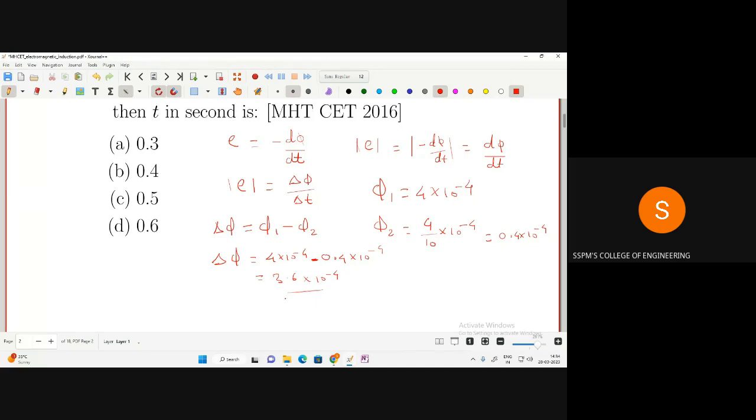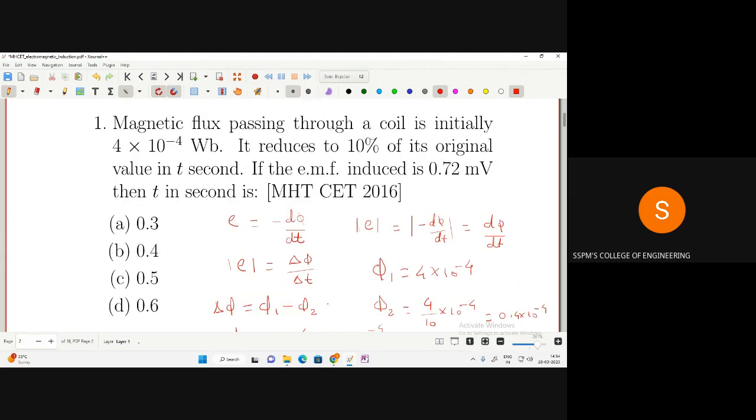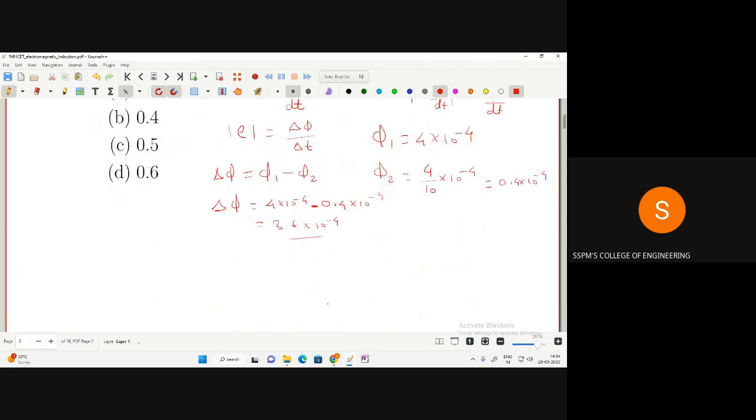Now we have to find the time required for changing the flux, and the EMF is given. What is the EMF? The EMF is 0.72 millivolt. So using this equation, we can write the EMF 0.72 into 10 to the power minus 3 is equal to the change of flux delta phi, 3.6 into 10 to the power minus 4, divided by time delta t.